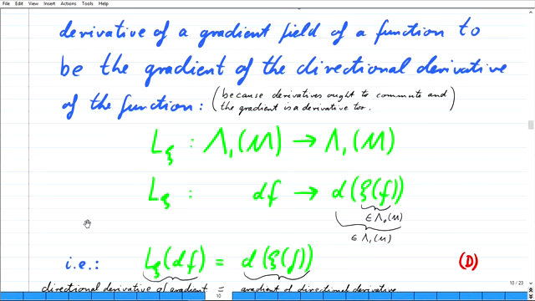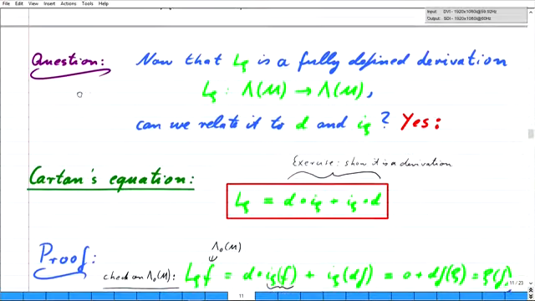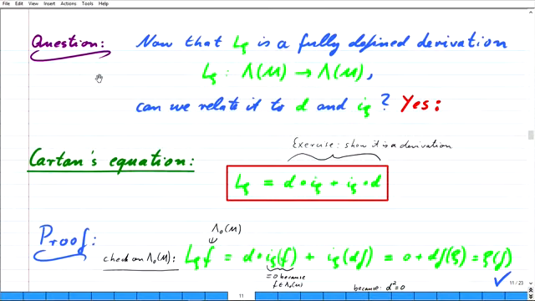Is there other ways to define this? Oh, yes. We will get to the Lie derivative from a completely different perspective later on as well. And in fact, we will have to do it in a different way later on when we want to generalize it to all tensors, not just the differential forms.